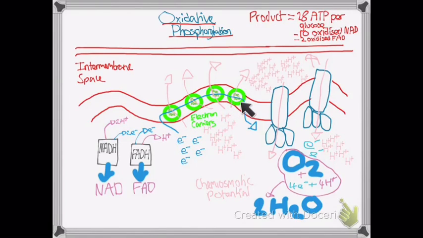Okay, and when the electron travels through it, the Fe2 plus becomes oxidized to form Fe3 plus. Okay, then Fe3 plus becomes reduced to form Fe2 plus.